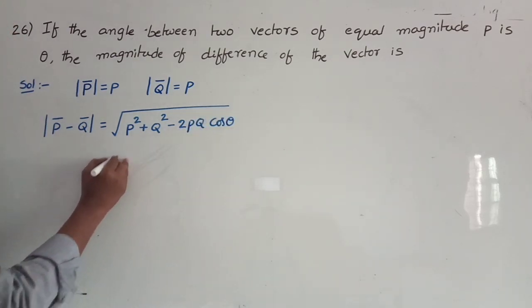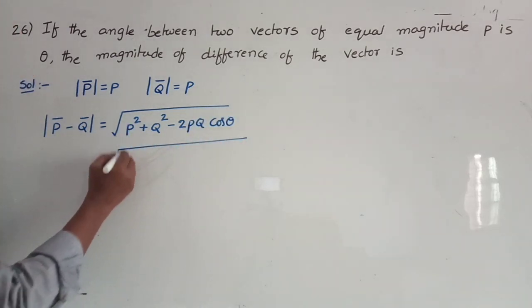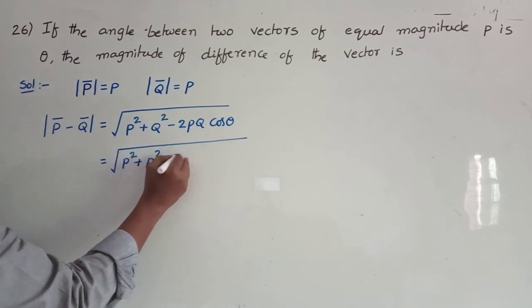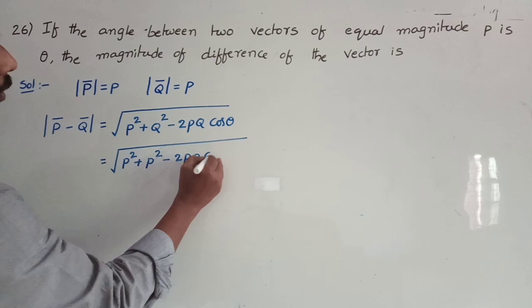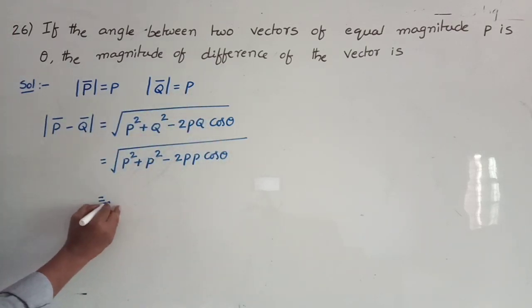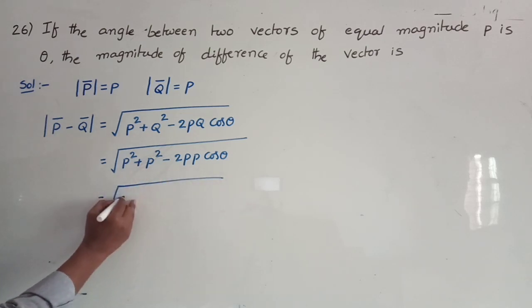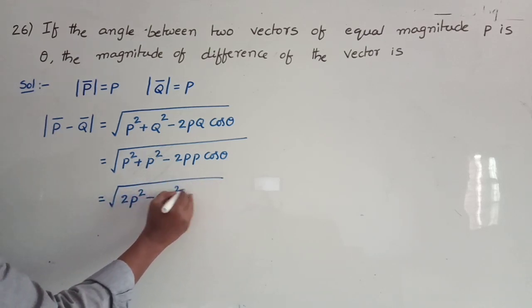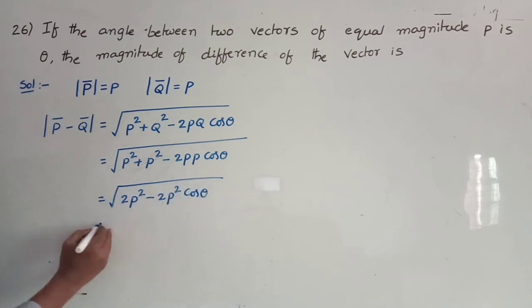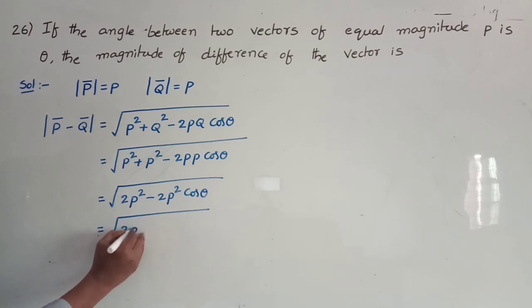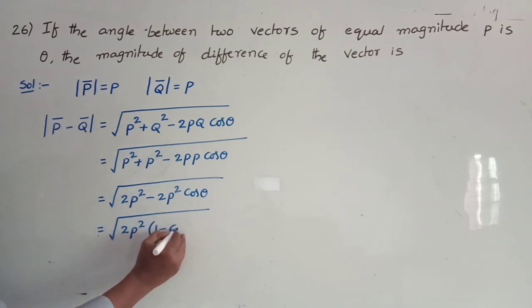That is equal to the square root of P square plus P square minus 2PP into cos theta. Substitute P, Q values. From this, the square root of P square plus P square, 2P square, minus 2P square into cos theta. From this we can write the square root of, take 2P square common, then we get 1 minus cos theta.